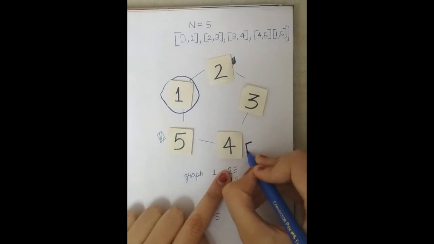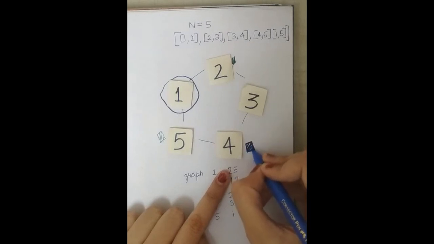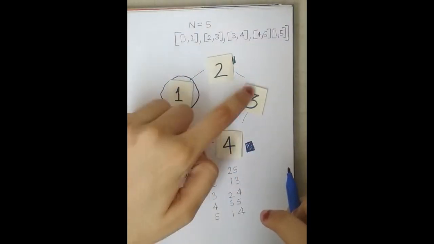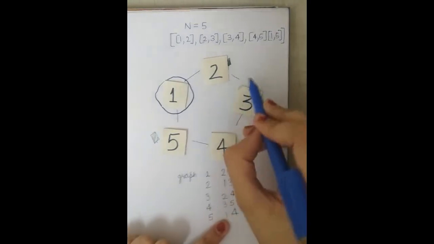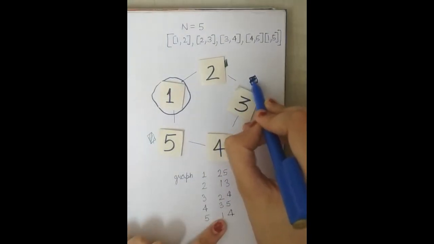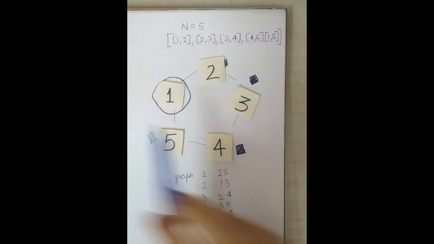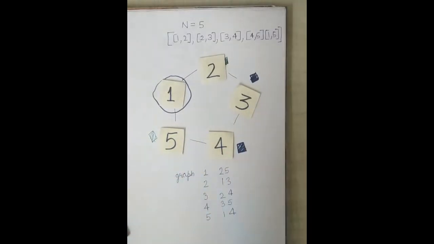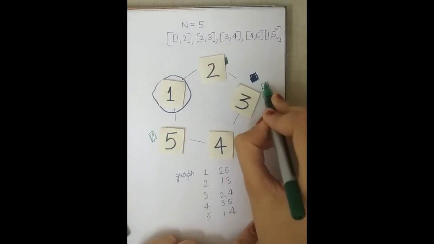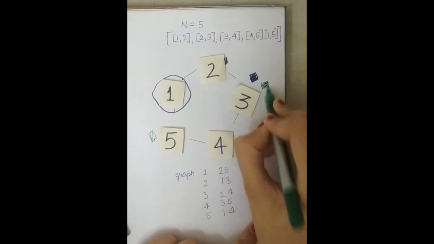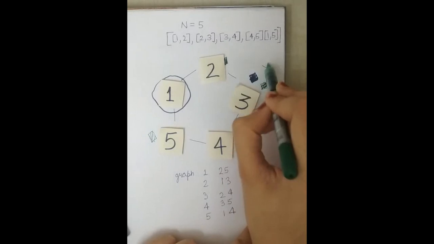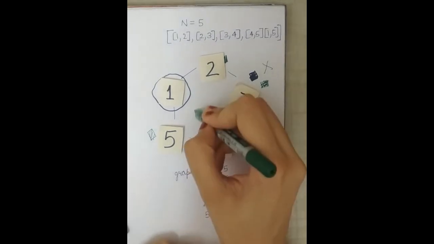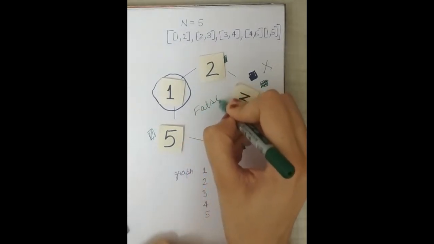So 4 becomes blue, and as 2 calls 3, 3 also has to be blue. But when 4 calls 3, it needs it to be green. This is not possible, hence we return false.